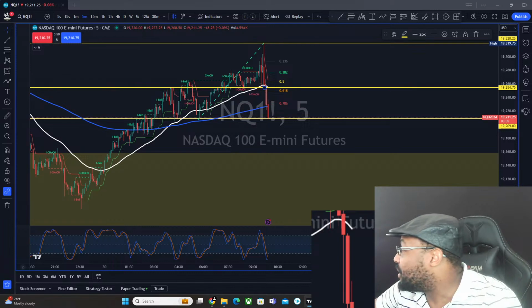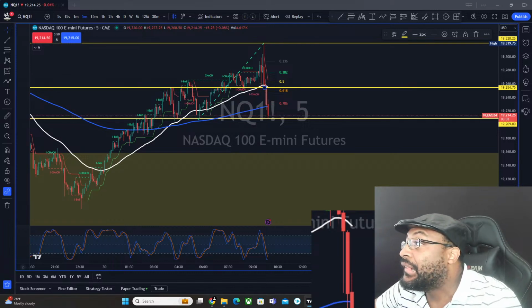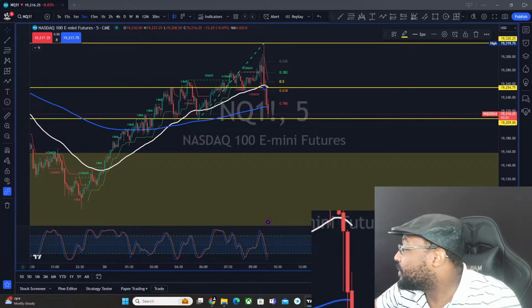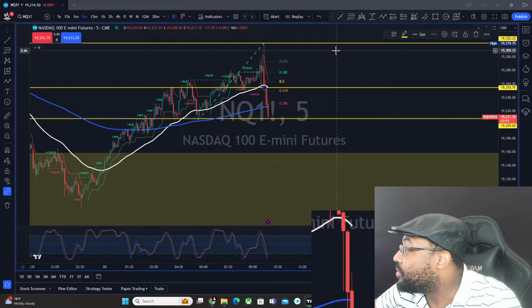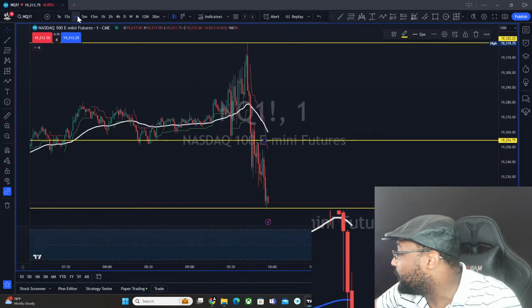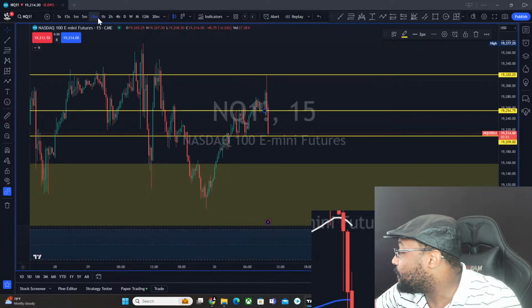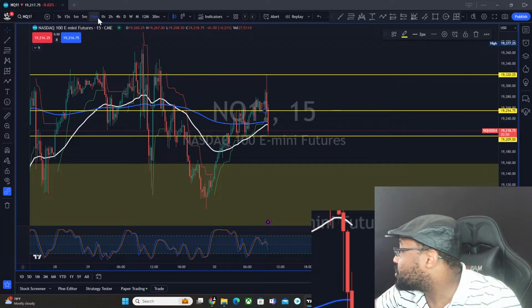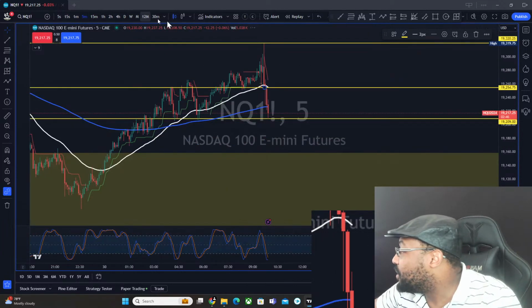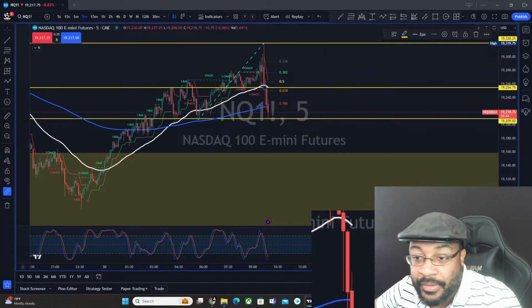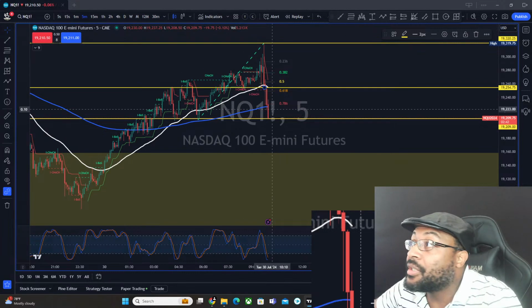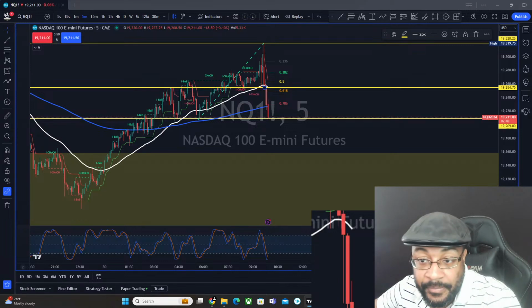Patience, patience, patience. Probably going to need a 5-minute pullback too. Let's see, that 15 minute is just a straight down, no long wicks, so we should be okay for more downside as this news drops. So patience, patience, patience.